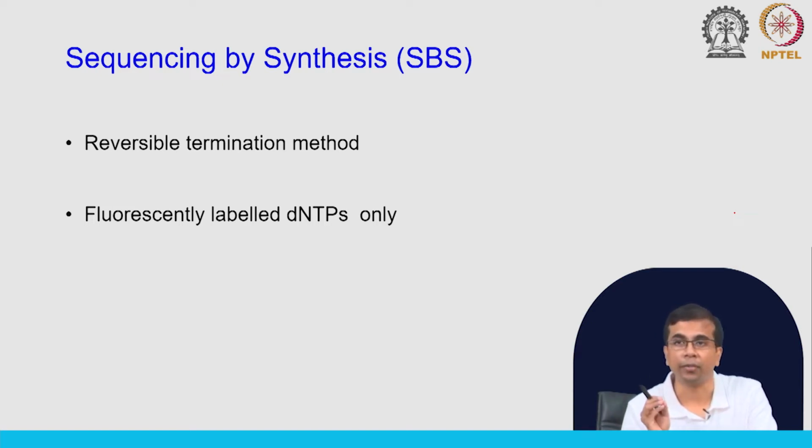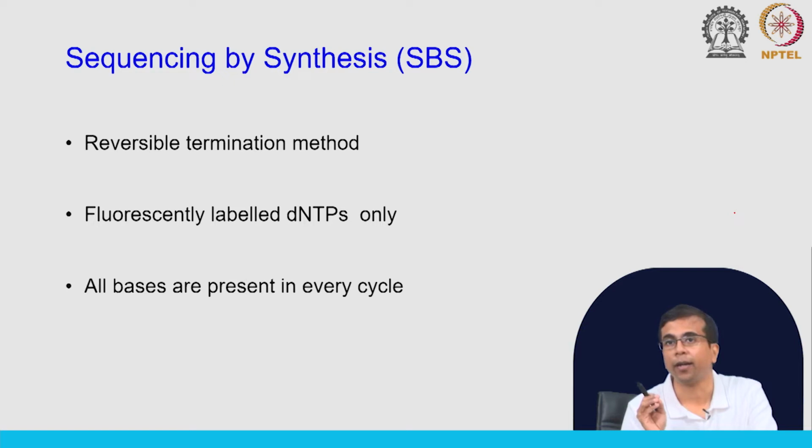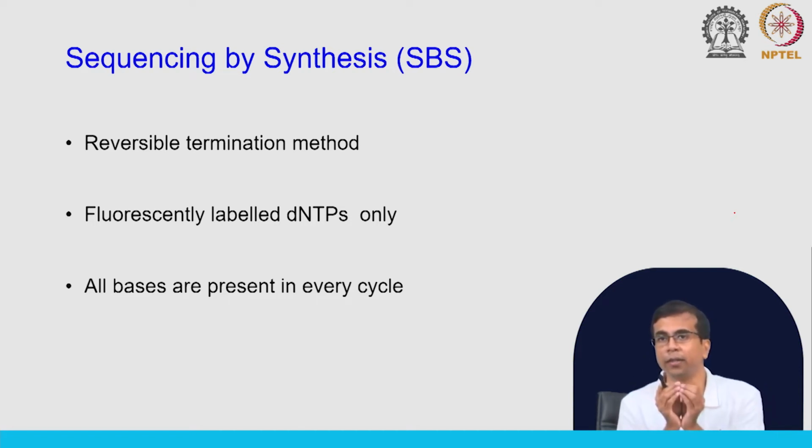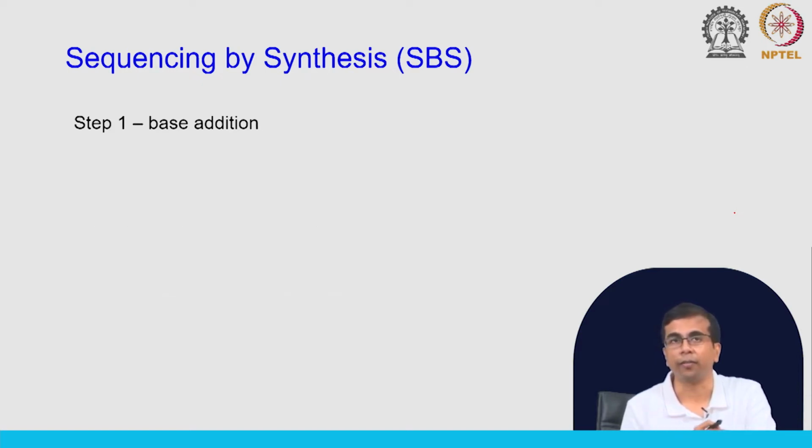Each dNTP is labeled with a unique color, so unique fluorescence, and all these bases are present in every cycle of the sequencing reaction. Since each dNTP has its own unique color, they can be identified very easily by the detector during the synthesis process.